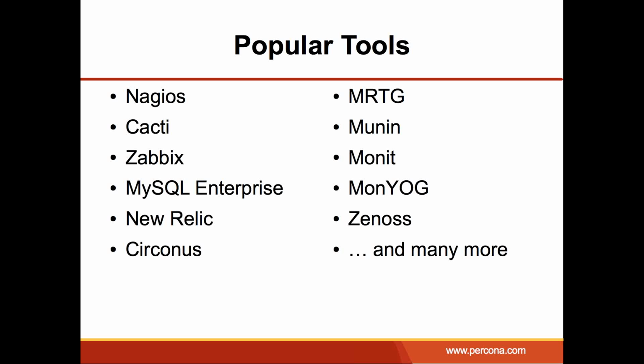MONyog is a desktop monitoring system that's very specifically for MySQL. You run it on your desktop machine, and you tell it how to connect to MySQL, and it gathers metrics and information from the MySQL server and presents it to you in a variety of views. Some of it is graph-based, some of it is sort of a process list updating what's happening on your server right now.